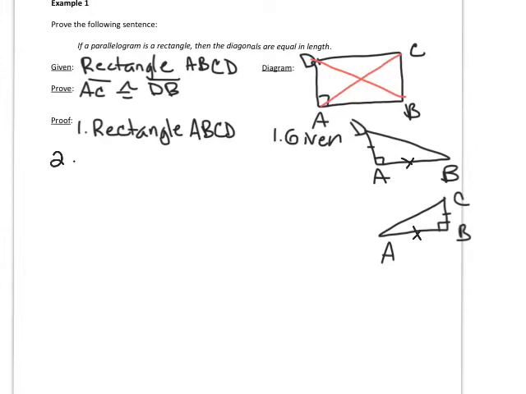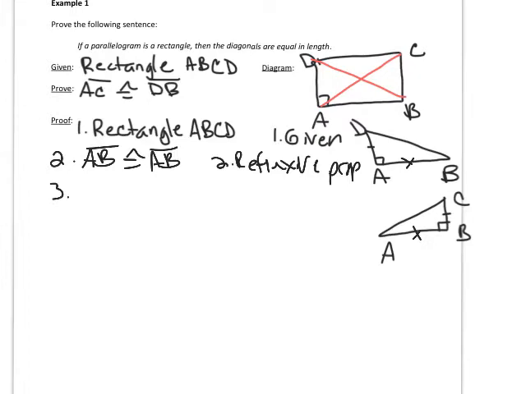So let's take care of reflexive. AB is congruent to AB, and that's the reflexive property. Now I can say that angle CBA is congruent to angle DAB because rectangles are equiangular.